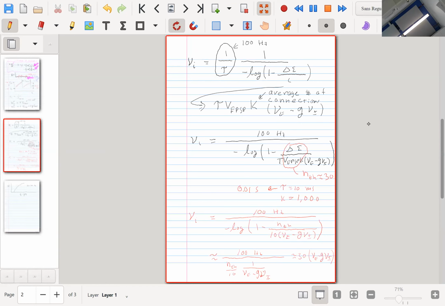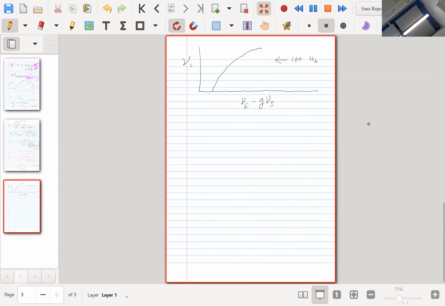Basically this kicks in when nu E, so N threshold over 10, is about 3. So this kicks in when nu E minus G nu I is around 3. And by the time it gets to 6, this is around 100 hertz. So it goes up really, really rapidly.